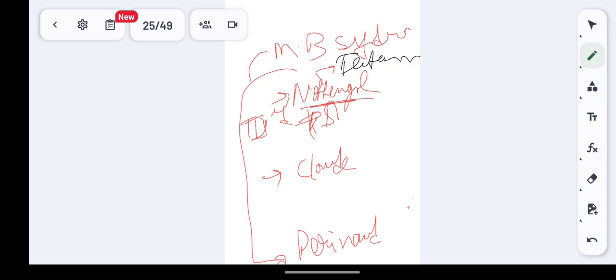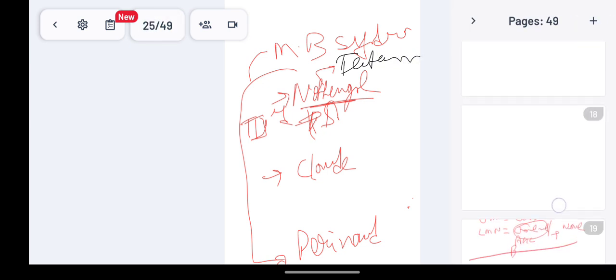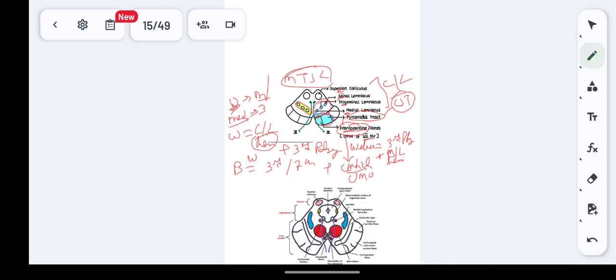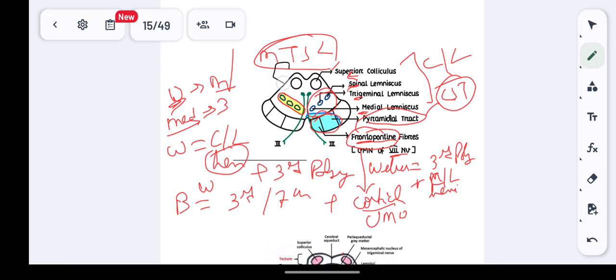We want to see one picture here. This is the tectum, tegmentum, and crus.